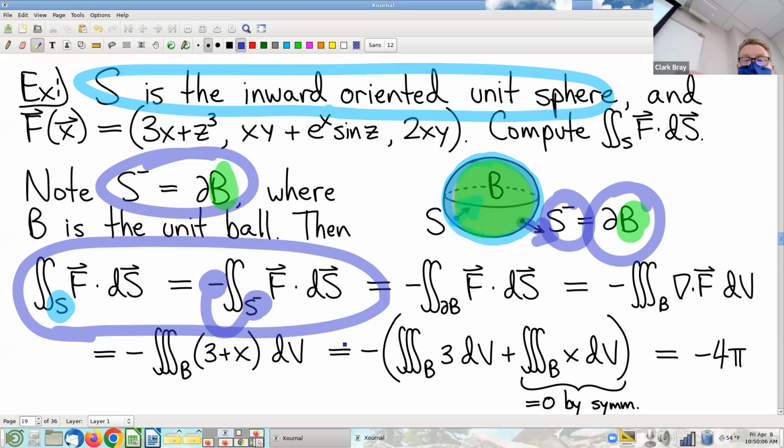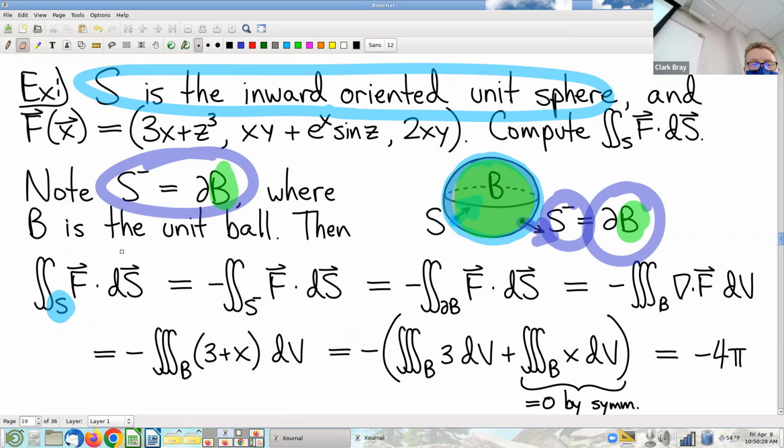And then to recognize that opposite surface is a boundary of the solid that you've identified. Everybody see what happened there?